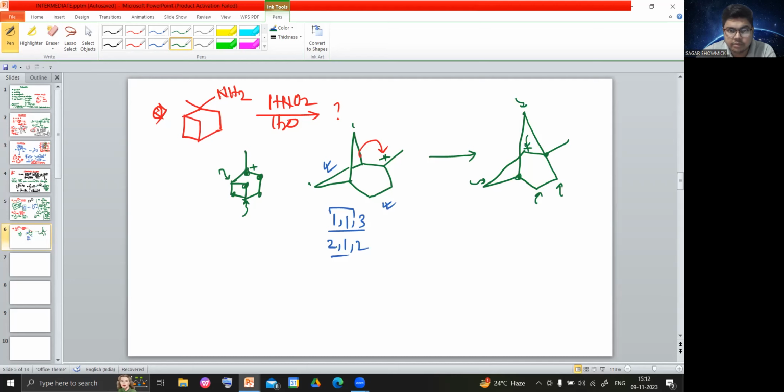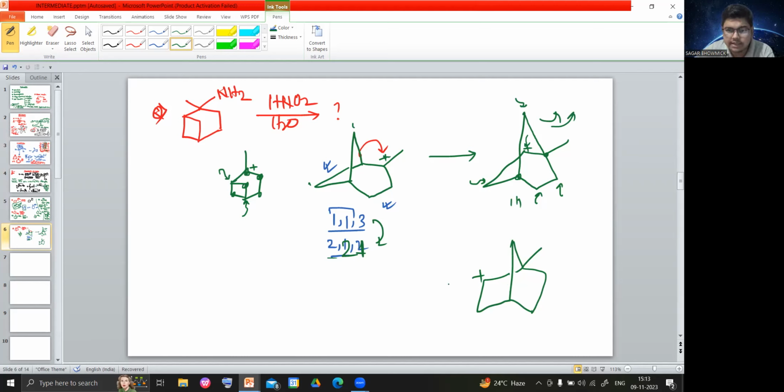So we are getting a 2-2-1 bridge, not 2-1-2; the value is written in descending order, like 3-2-1. So now if I finally draw this, it is nothing but this. If you tilt it a little anti-clockwise in this direction, you will get this. So this is our carbocation.